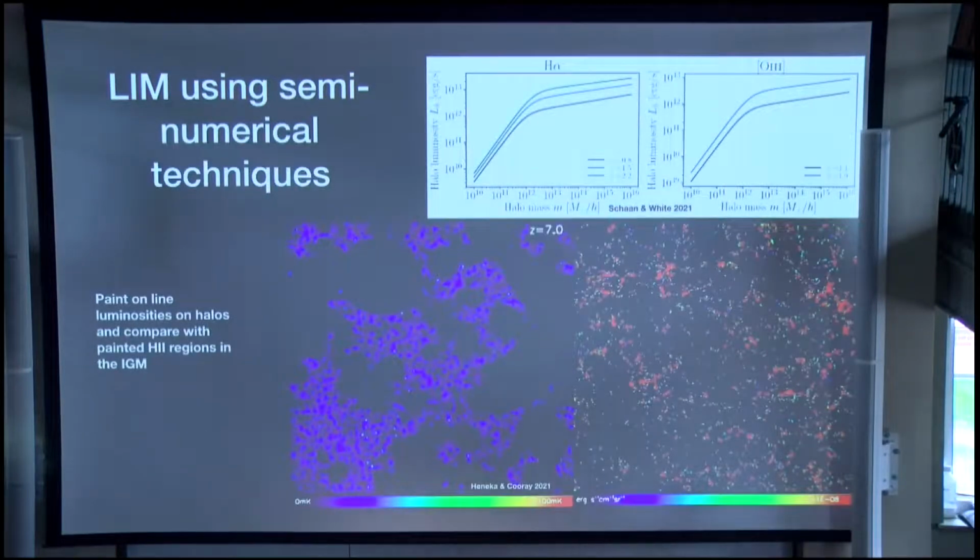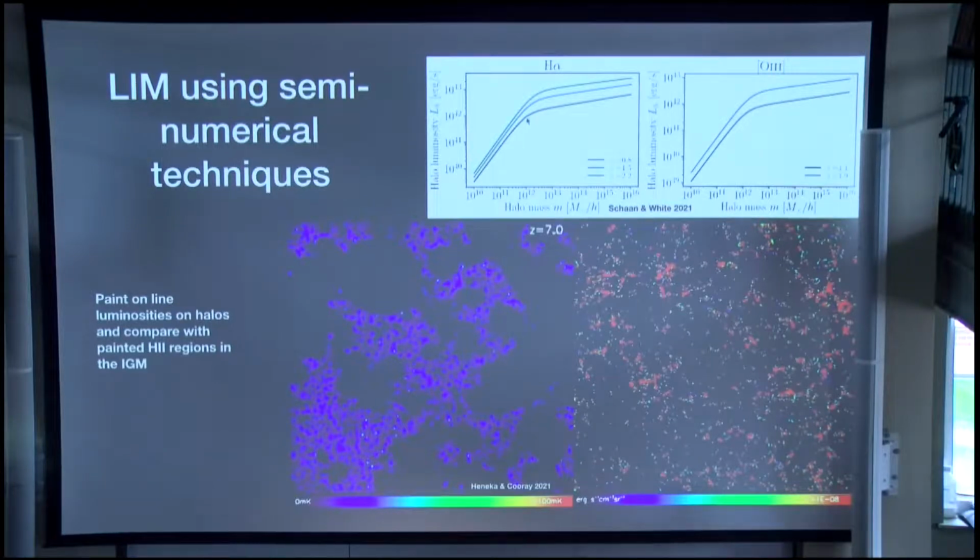So what is the current state of the art to understand line intensity mapping? Usually it's not that evolved, I would say, this topic. What people generally do is they paint luminosities onto some halo masses. So they take a pure dark matter only simulation, they assume some properties of galaxies, and they assume that there is some kind of emission line arising from this galaxy.